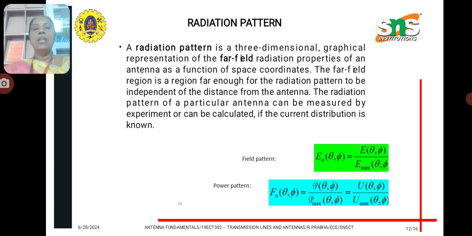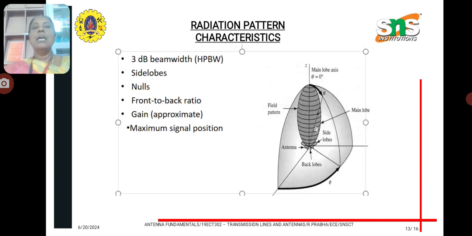One is the field pattern, where the radiation is measured in terms of electric field. The next type is the power pattern, where the radiation is measured in terms of power. There are two planes specifically for measuring the radiation pattern: one is the E plane and the other is the H plane.